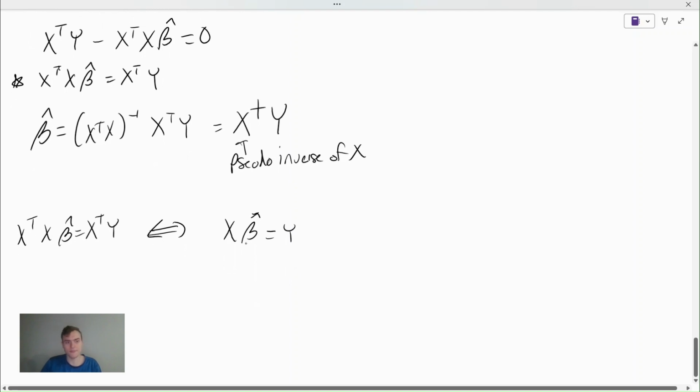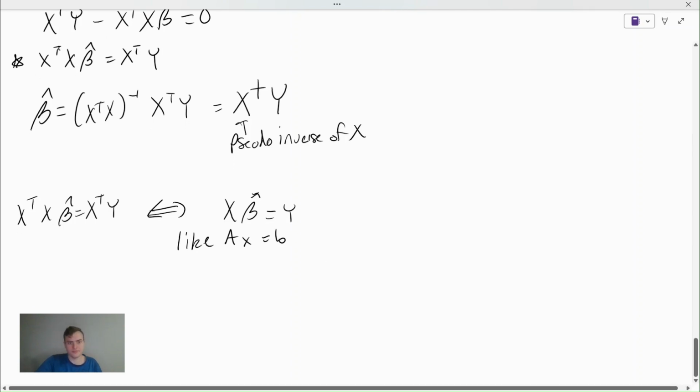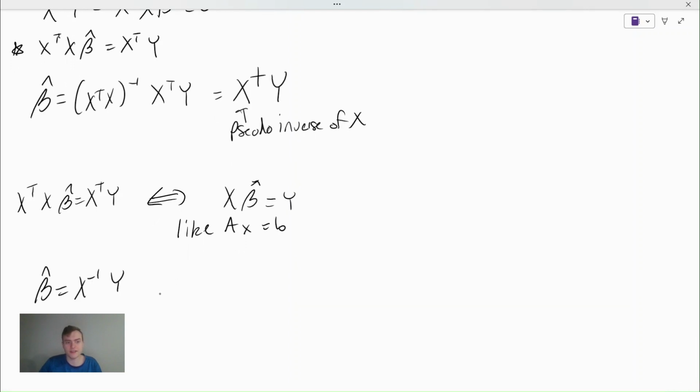This is a system of linear equations just like Ax equals b, except now our matrix is called X, our vector is called beta hat, and our other vector is called y. And so, if X was invertible, then very easily we could say beta hat equals X inverse y.